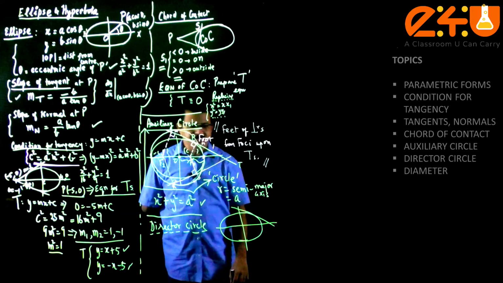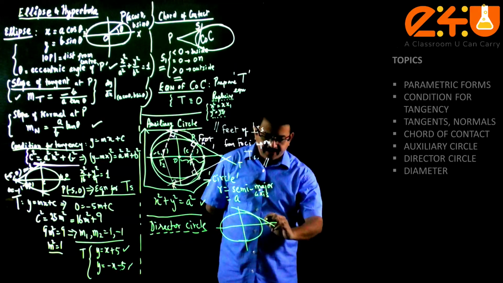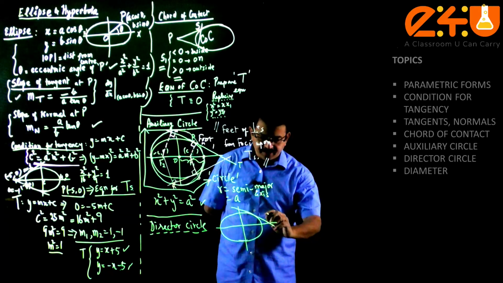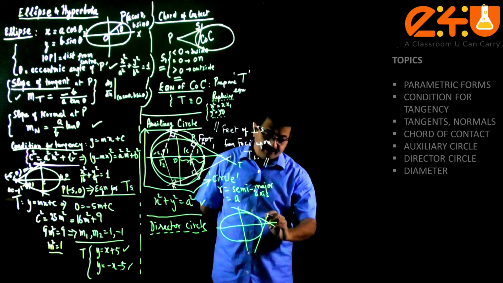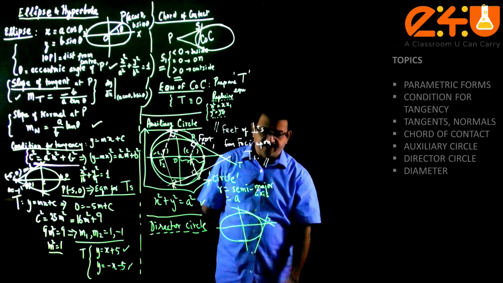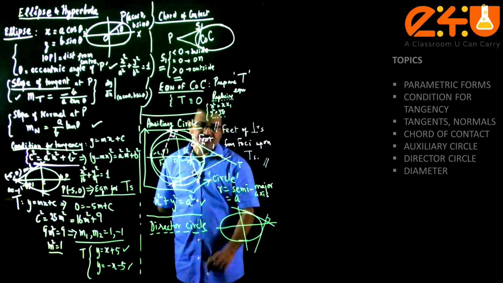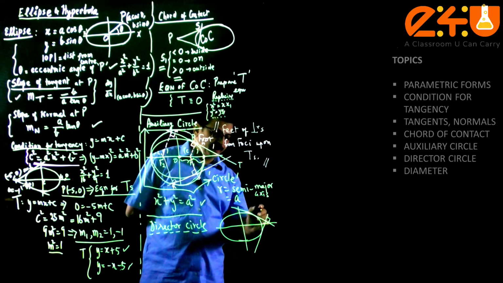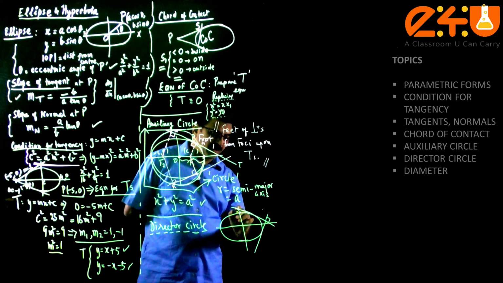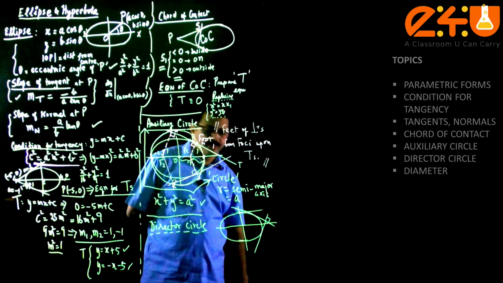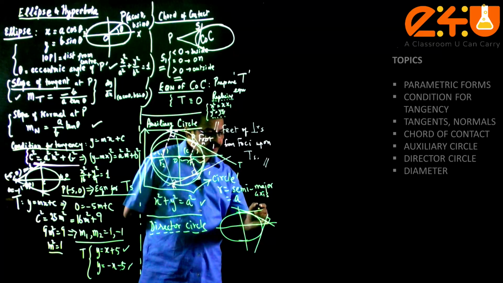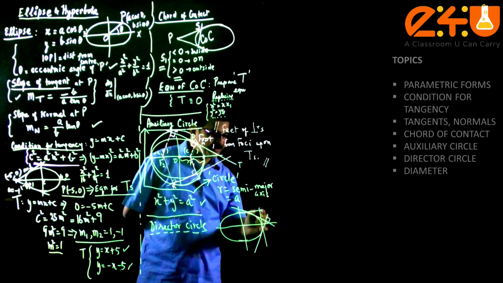Consider any one tangent and its perpendicular pair. Ideally, I can draw the tangent at the end of the minor axis and the tangent at the end of the major axis.